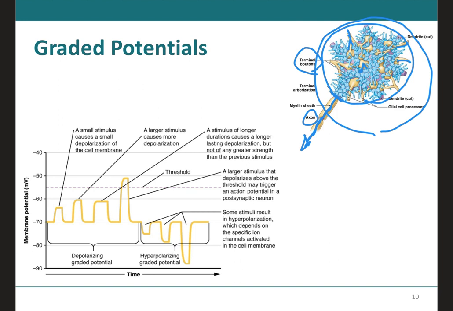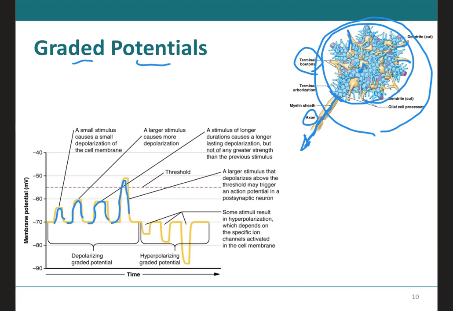All these small stimuli that are occurring at any given cell body or dendrite are what we call graded potentials. So here we have examples of graded potentials, which are these small, tiny spikes of information.